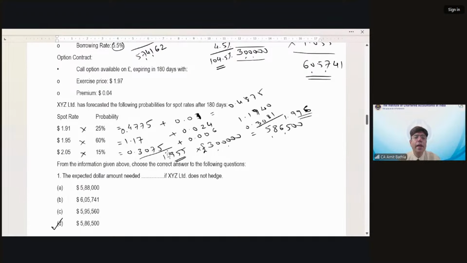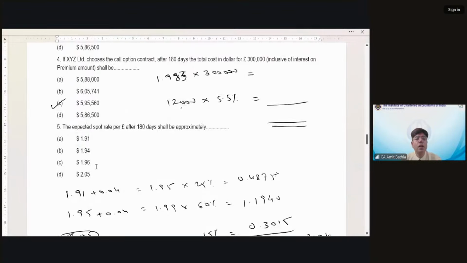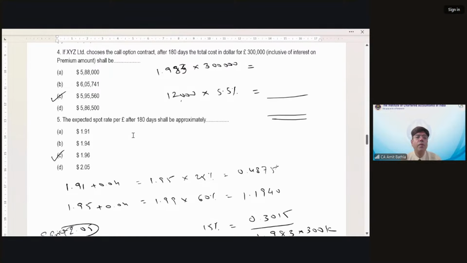So that is the expected rate which is probability wise expected. That is my expected spot rate 1.955, and the expected spot rate per pound after 180 days shall be approximately 1.955, meaning 1.96, right? So this will be the rate 1.96.